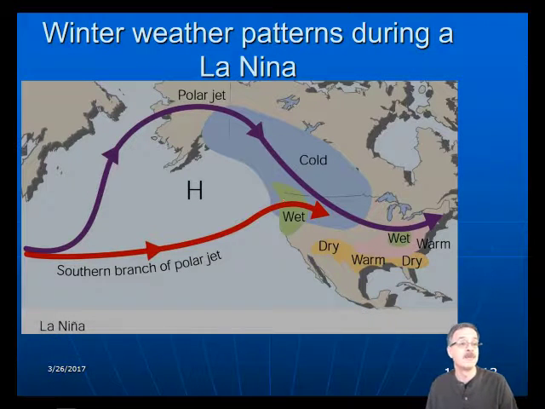Well, the northwestern part of North America gets much colder and wetter winters. Where we are, we get much warmer and wetter winters, kind of like the warm winter we had a couple years ago, which was much warmer than the winter we're having now. And the southern part of the United States gets much drier.